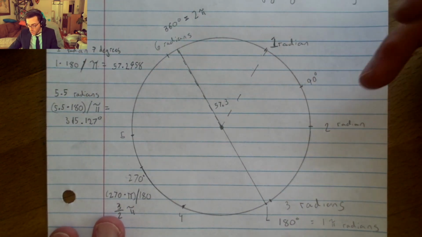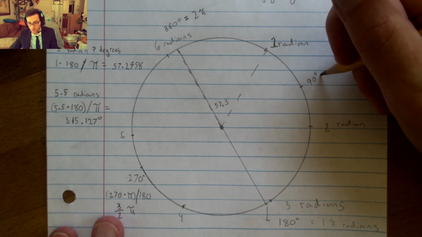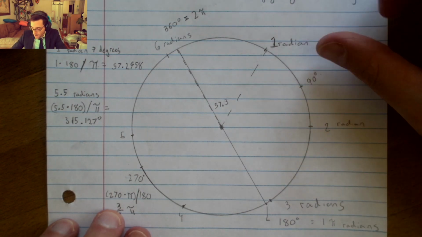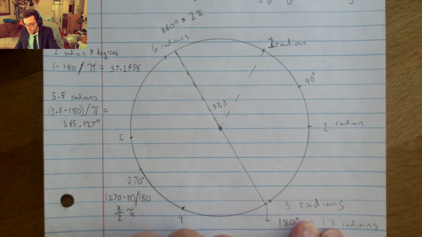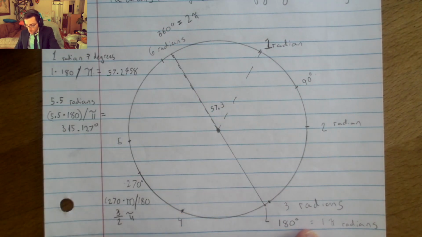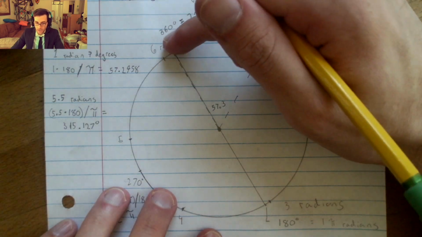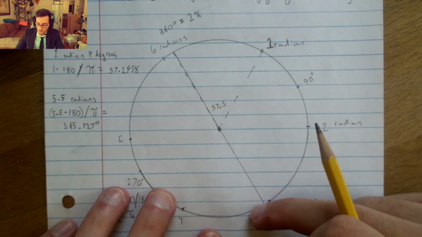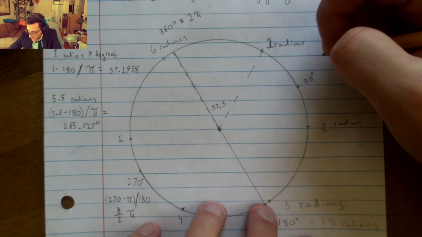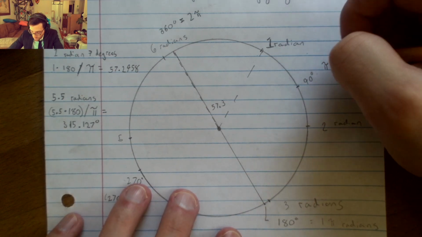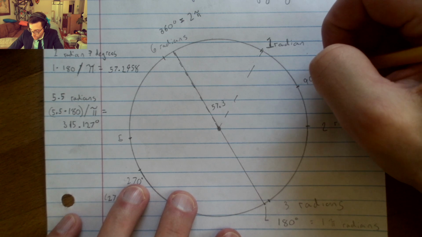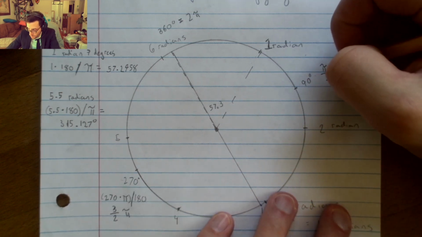In the same fashion, if we're talking about the 90-degree value, all the way over here on the right, if we're looking to find something between 0 and 1 pi radians, our logical knowledge would dictate that we would have pi over 2 radians.